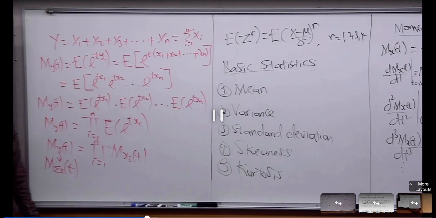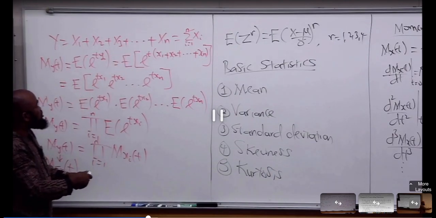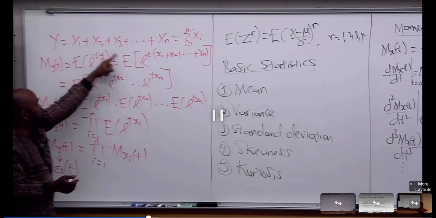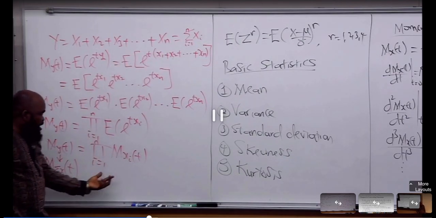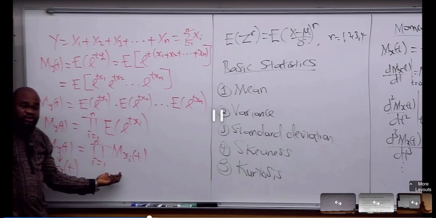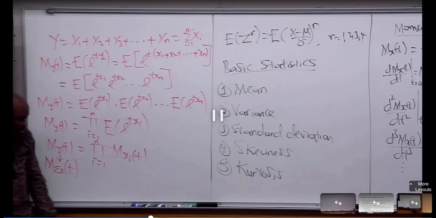Now, I just want you to listen. This is only possible in a situation where X1, X2 up to Xn are independent. If they are independent, even if they don't follow the same probability distribution, this is going to hold. I'm going to say that again. Please pay attention, it's very, very crucial.